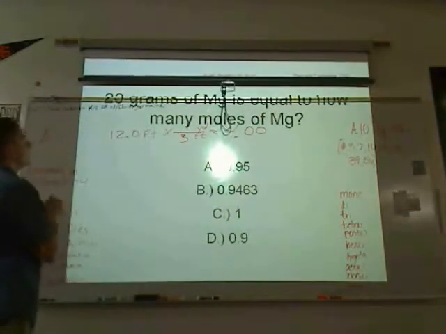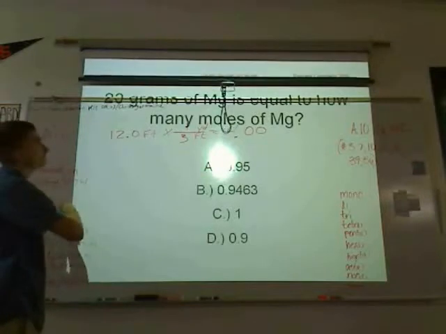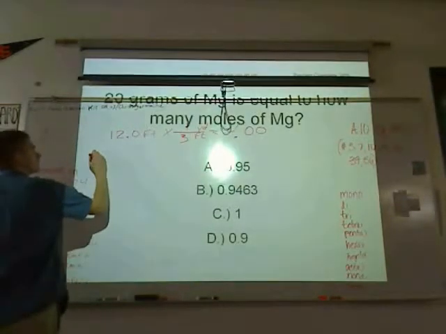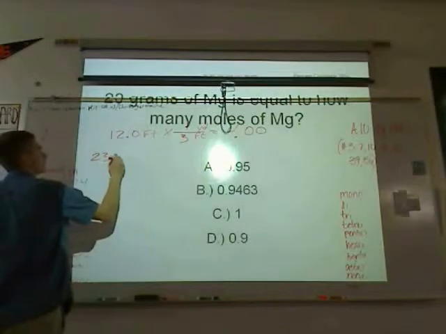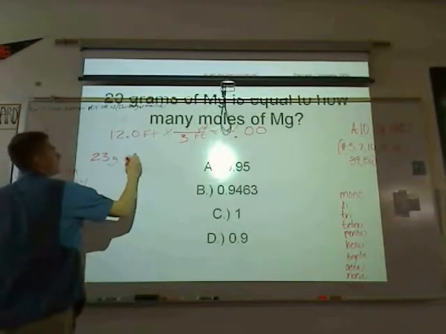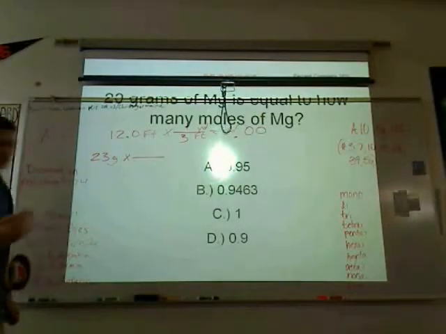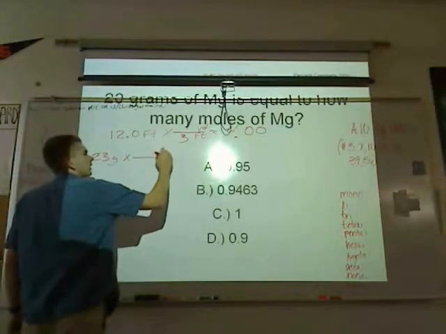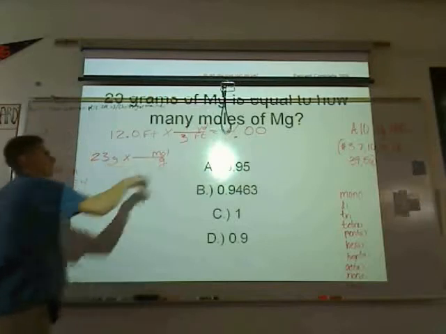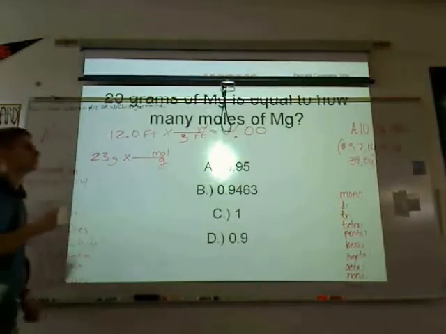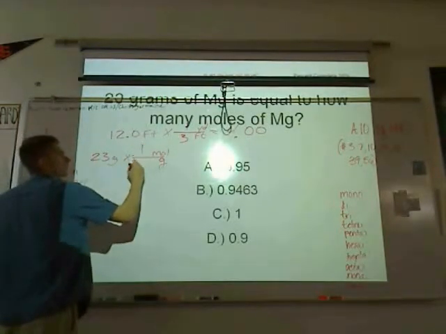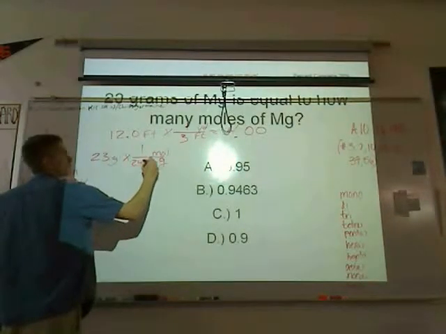All right. So, what did I ask? You asked 23 grams of energy is equal to how many moles of energy? So 23 grams times in a line. What are we trying to get to? Moles goes on top, grams goes on bottom. What's our conversion? 1 over 24.2451.